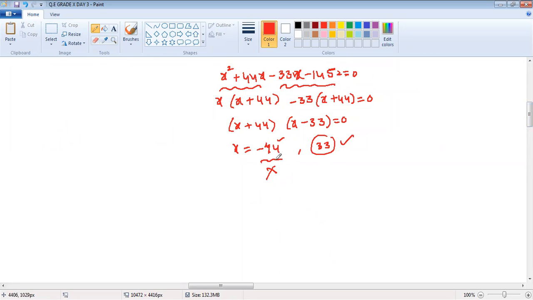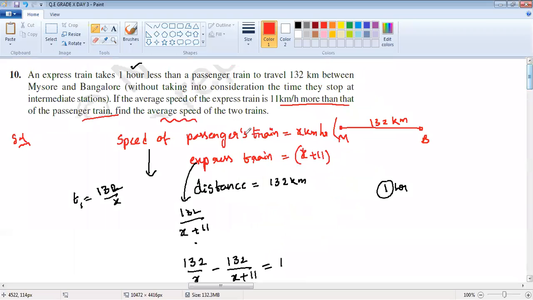So minus 44 cannot be taken. So the speed of the passenger train is 33 and the speed of the express train is 33 plus 11, 44. Got it? This is 33, and this is 33 plus 11, 44. Got it, ma? Got it, children?